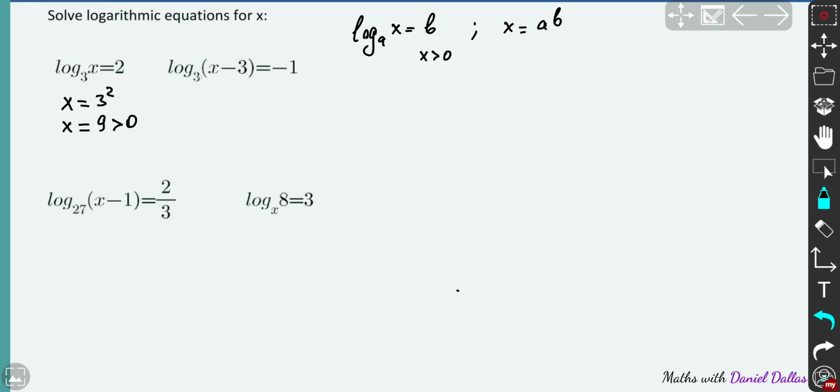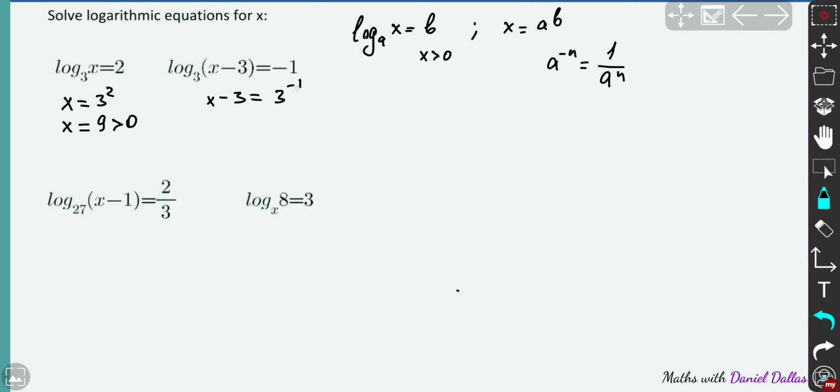Okay, let's go to the next one, log base 3 of x minus 3, where the variable sits inside, equals -1. What are you going to do? You need to do the same. So we're just taking x minus 3, and this is by definition equal to 3 to the power -1. But hold on, let's remember, if you have a negative power, it just simply flips your fraction or a number, so that you can write 1 over a to the power of n.